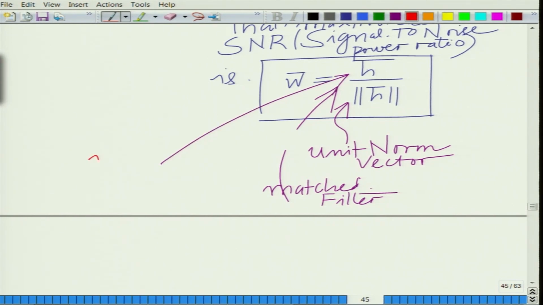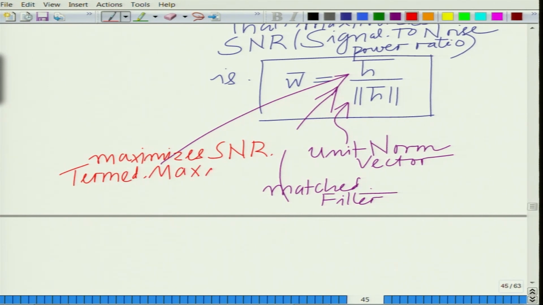Hence, it is more popularly known in wireless communication technology as the maximal ratio combiner, MRC.